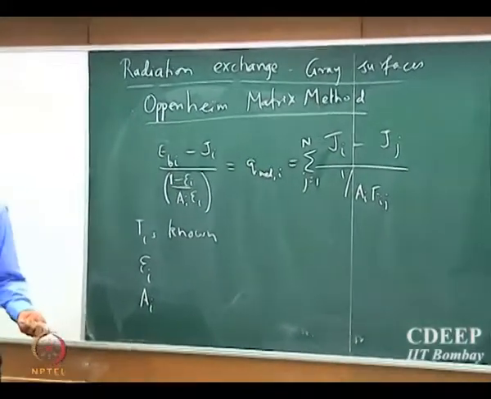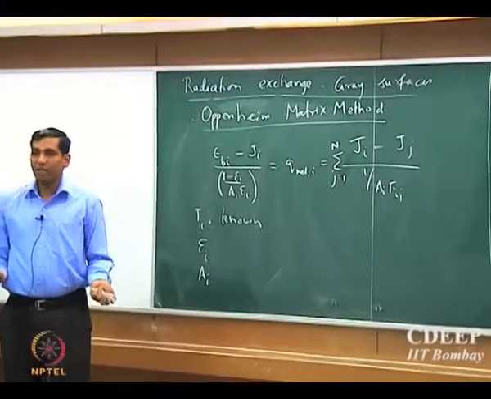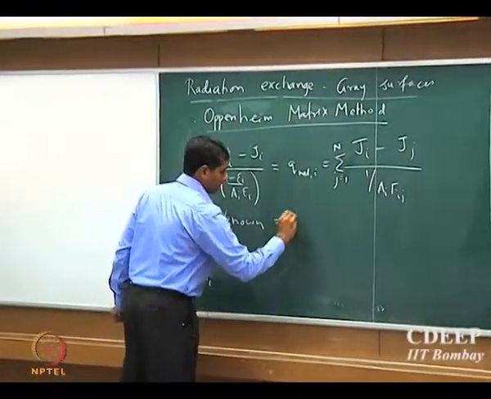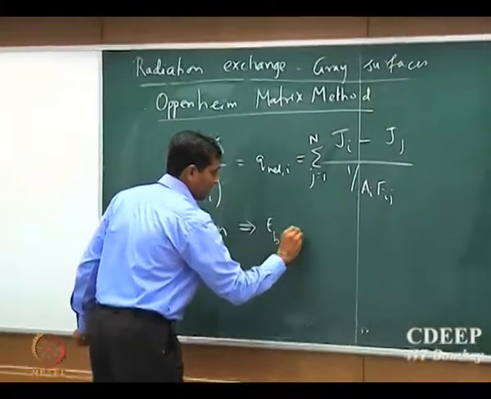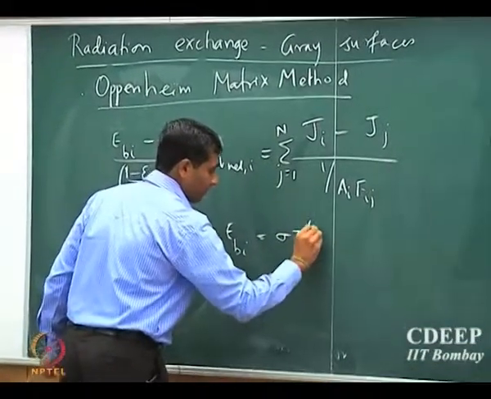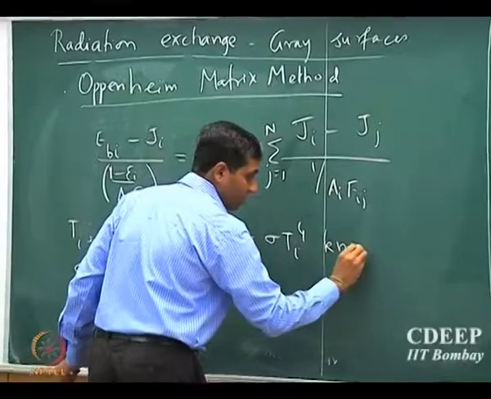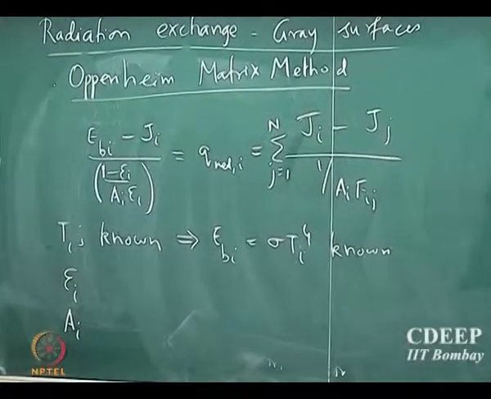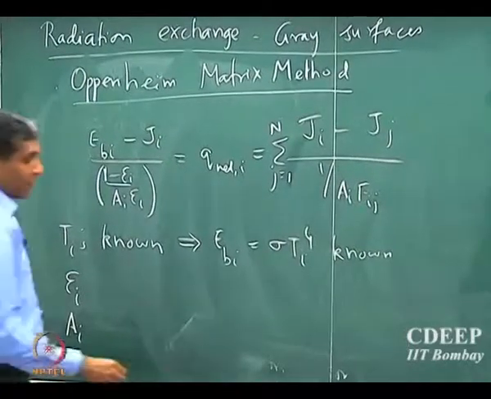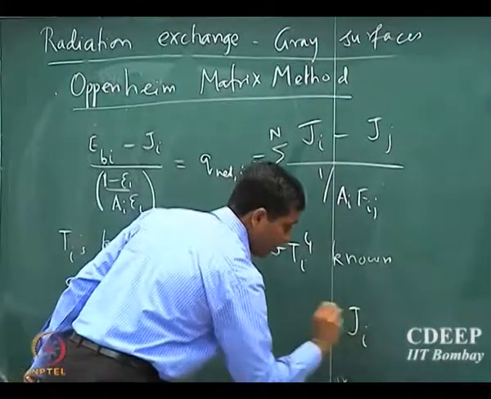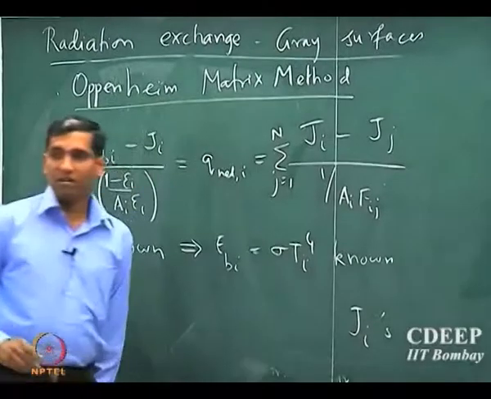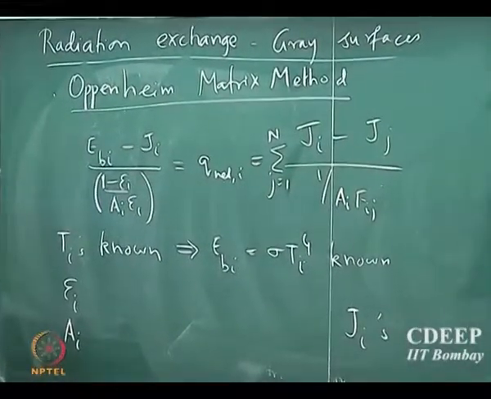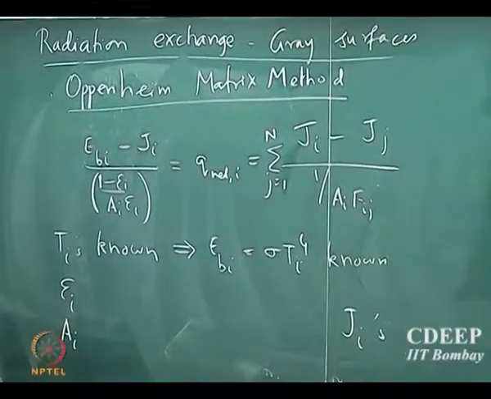EBi is just the black body radiation at that temperature. This means EBi equal to sigma Ti to the power of 4 is a known quantity. So what do we need to estimate? We need to find out all the Jis, the total emission from every surface given these quantities.